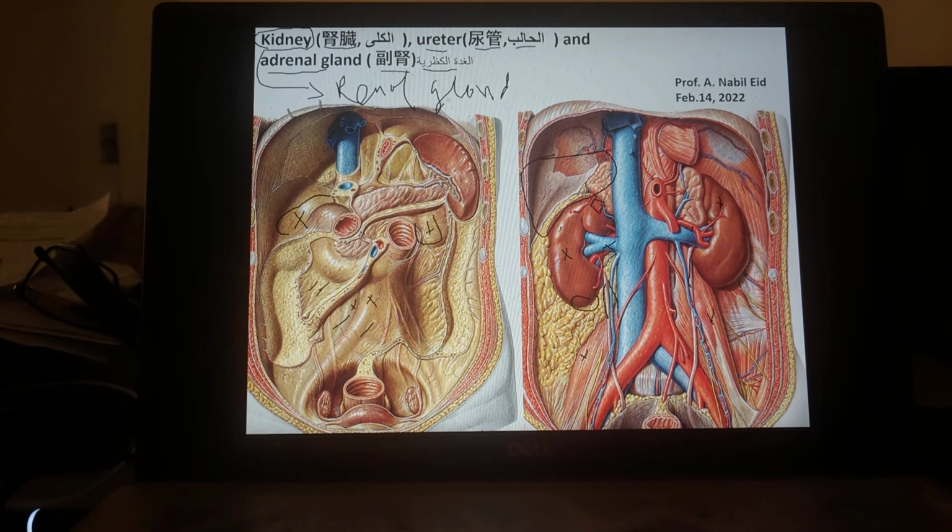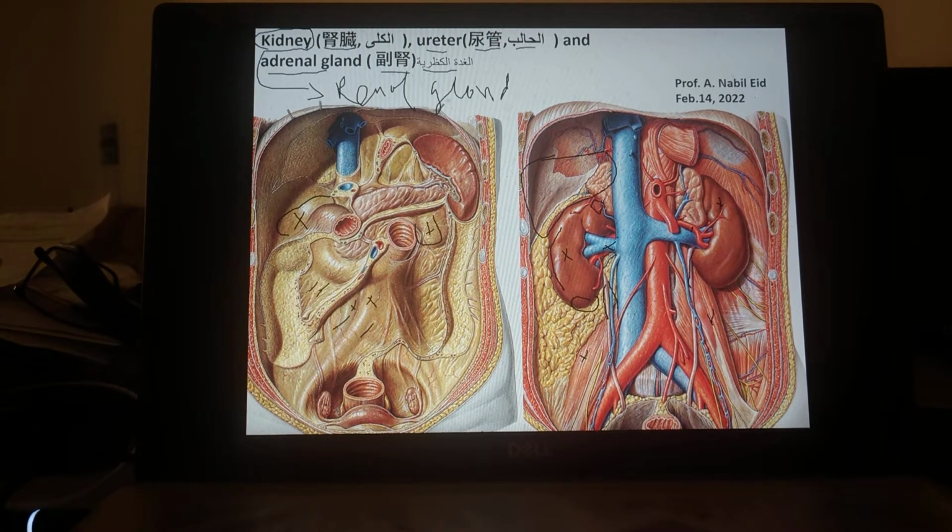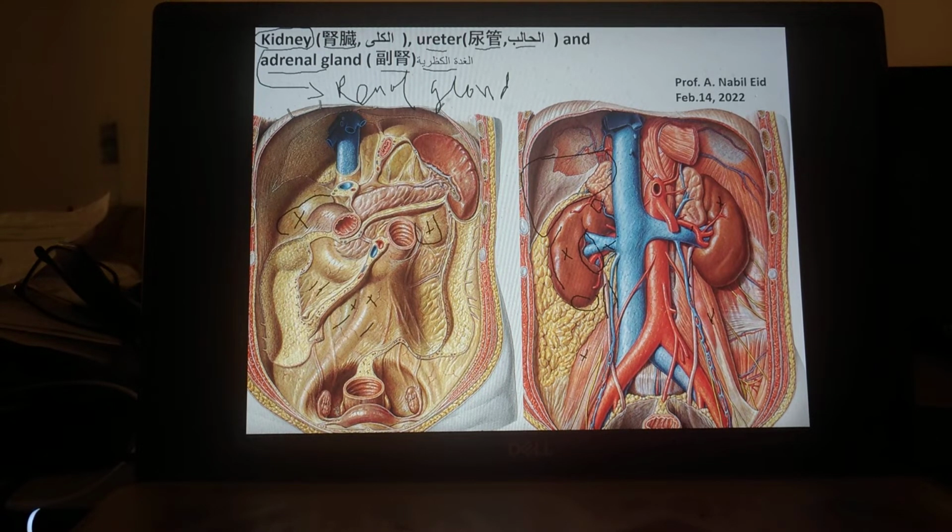It has a lateral border and a medial border, and at the medial border you can find the hilum, the area where the renal vessels enter or leave the kidney, and where the ureter also leaves.